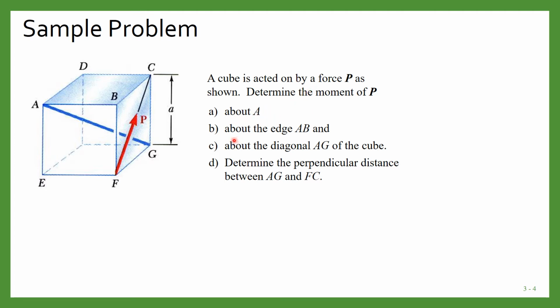Then in the second part we need to calculate the moment about the edge AB. Then we need to calculate the moment about the diagonal AG, and then we need to determine the perpendicular distance between AG and FC. So let us start this problem.